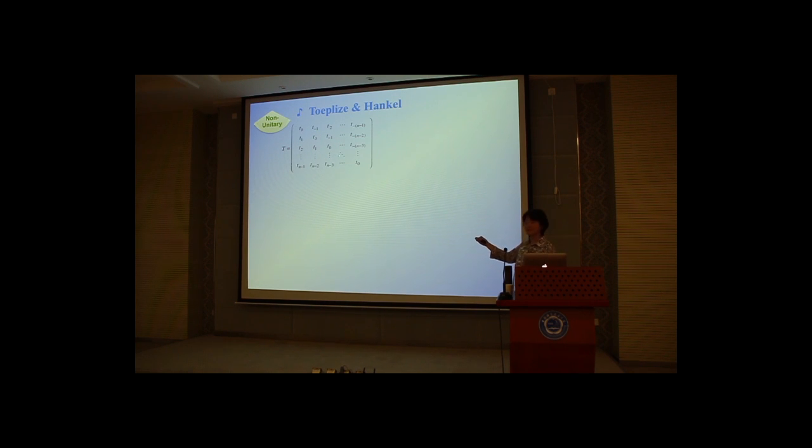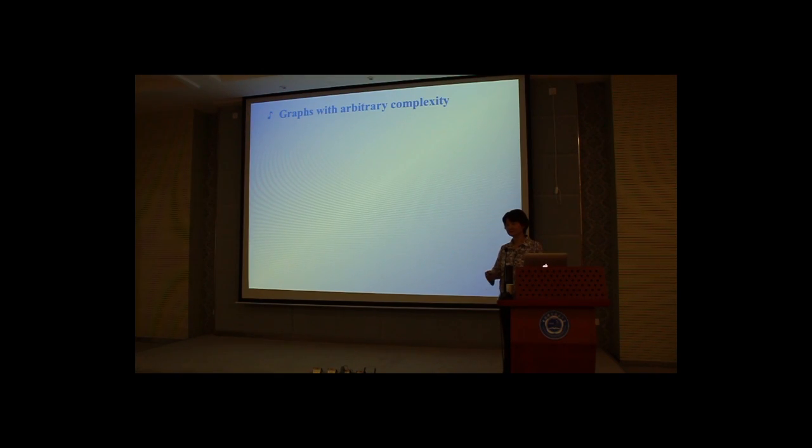So it's almost like circulant, but not quite. The diagonal, if you copy that part here, it's circulant, but if not, it's a general Toeplitz. Hankel is just the other way around. So whatever I describe here for the Toeplitz applies for Hankel matrices as well.